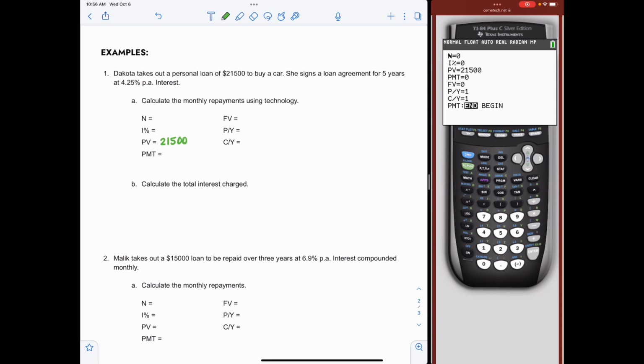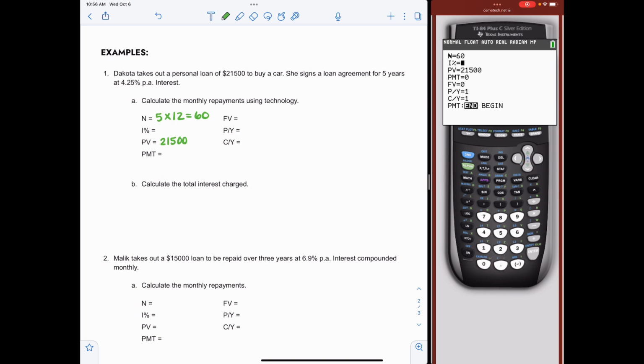So our N is going to be 5 times 12, because when you're making monthly payments, we have 5 years of 12 payments, which means you're going to make 60 payments total. Okay, so N will be 60.